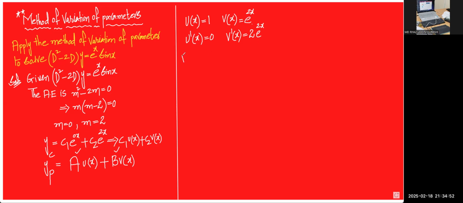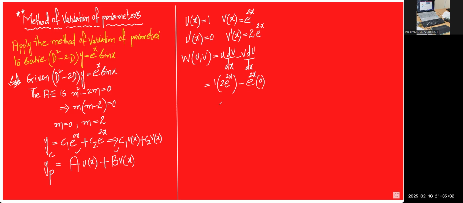We have to find the Wronskian value. Why? Because to find a, it is required somewhere. And to find the Wronskian, the formula is u d by dx of v minus v d by dx of u, which is equal to u, that is u of x, which is 1, times the derivative of v, which is 2 e power 2x, minus v, which is e power 2x, into derivative of u, which is 0.